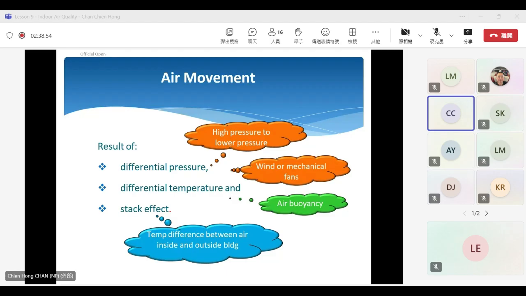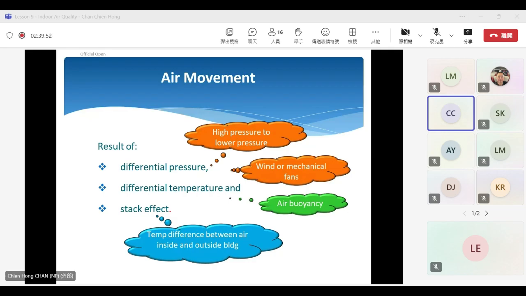For those of you who have been involved in building design, especially mechanical ventilation design, we are able to do calculations to show that for a tall building, the air pressure inside the building at certain floors means the air is naturally coming in, and at certain floors the air is naturally going out, because of this stack effect and the air pressure.